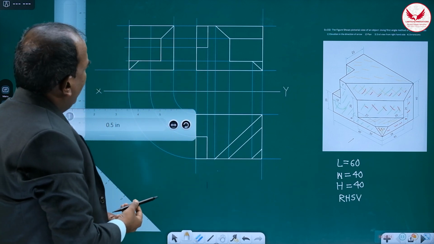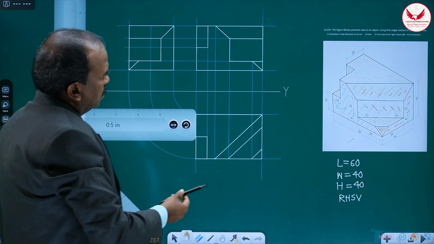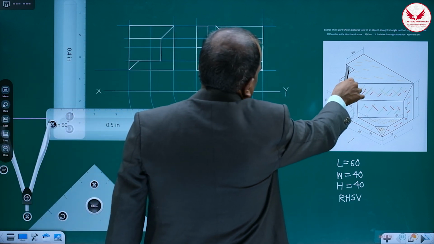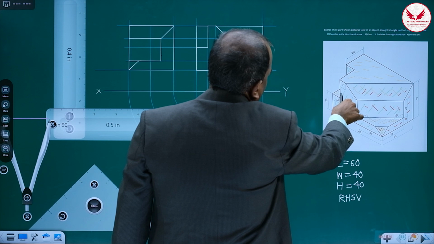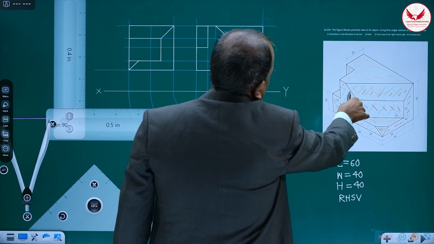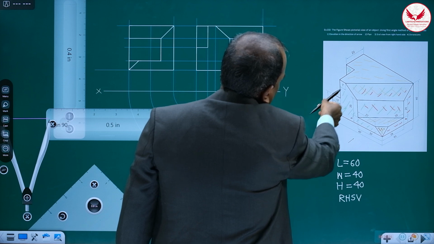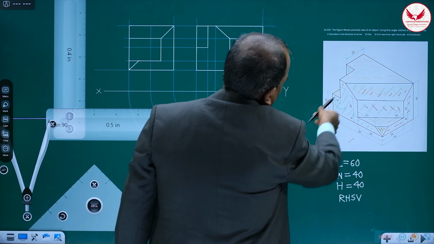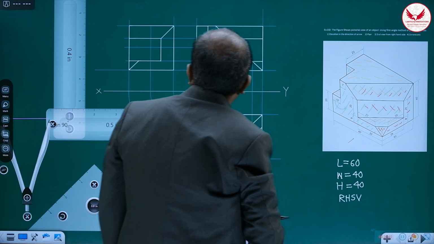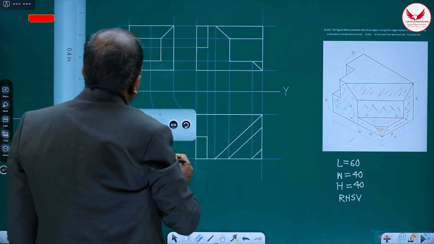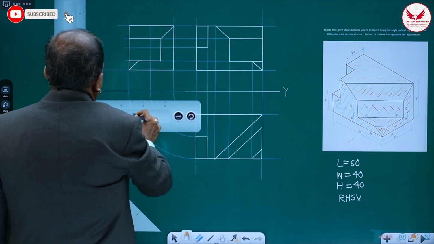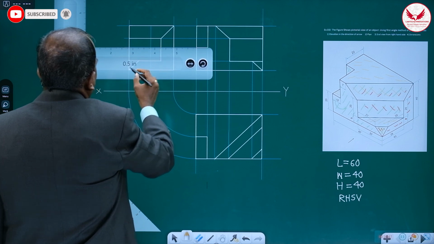Then at the back side, this slot is there. Its depth is 20, and this width is also 20 only. Its depth is 20, width is 20, and its projections we are having, and it is a hidden one. Then the hidden one, how we can mark?